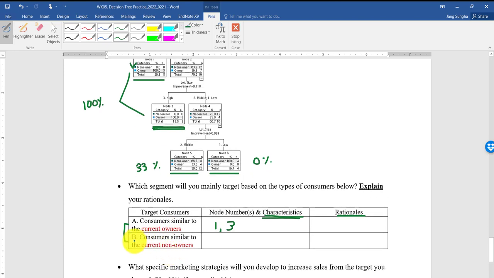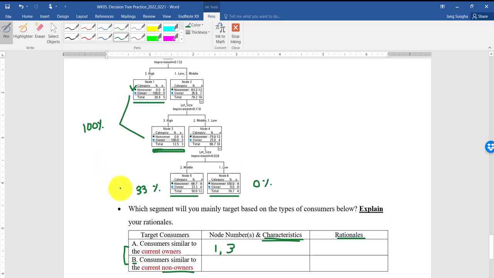How about the second segment, potential consumers who are similar to the current non-owners? If you target potential consumers who are similar to the current owners, definitely you can increase your profit, but you will miss the rest of the market.